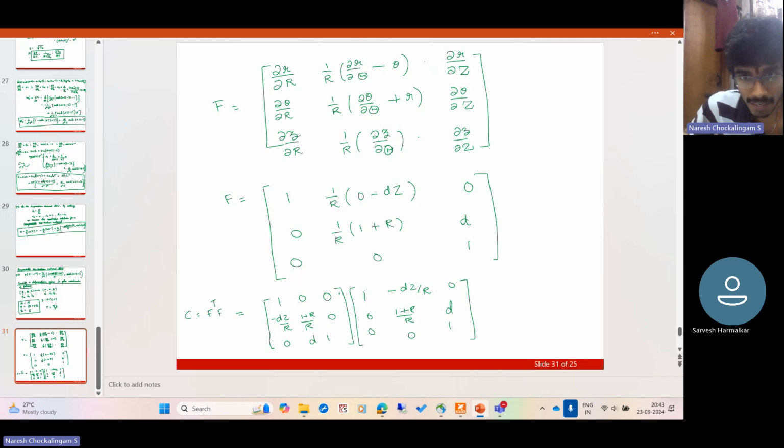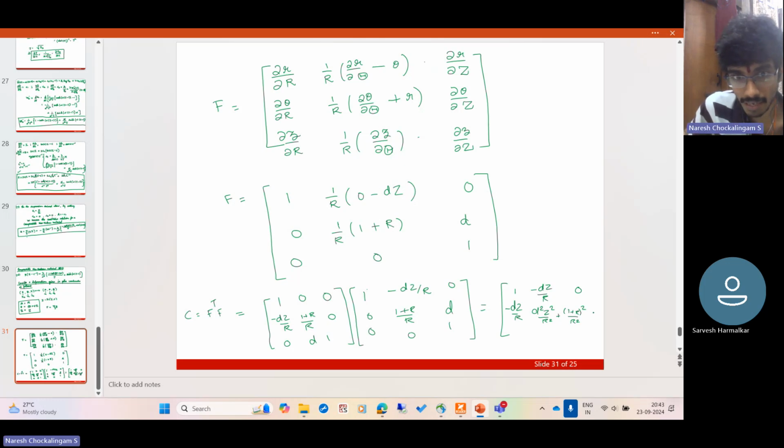So do the multiplication, we get the first one is 1. Then we get minus dz by r. Then we get 0. It is symmetric, minus dz by r. So this will be d square z square by r square plus 1 plus capital R the whole square by r square.